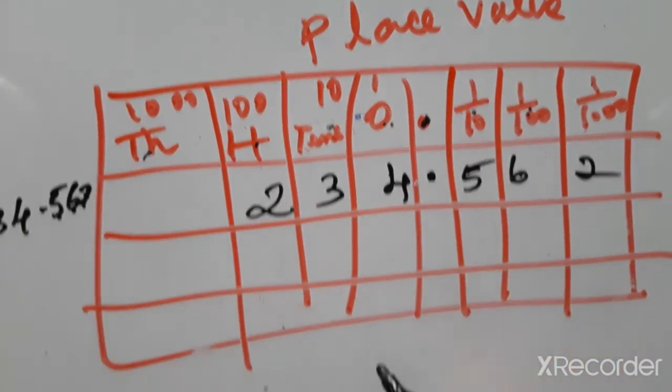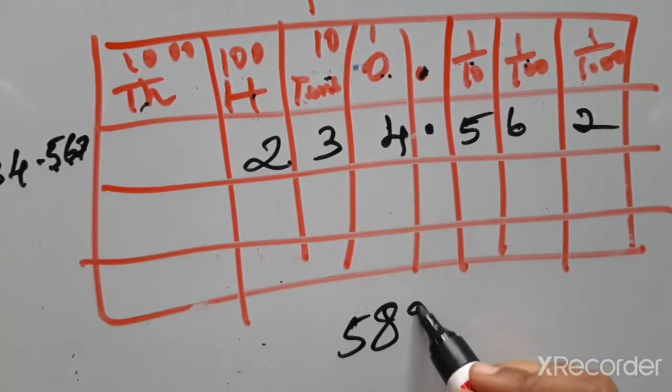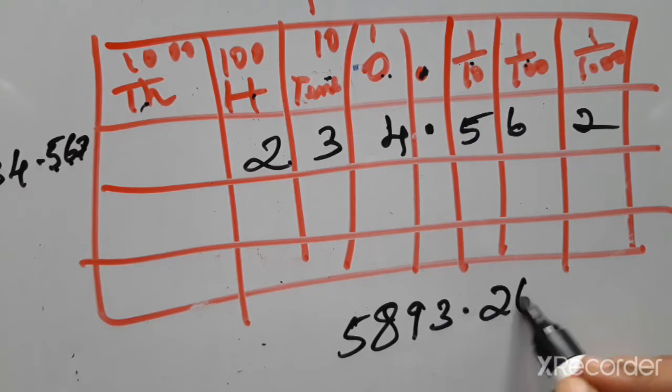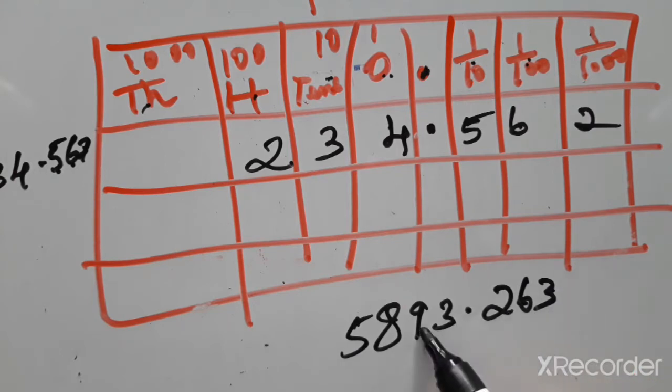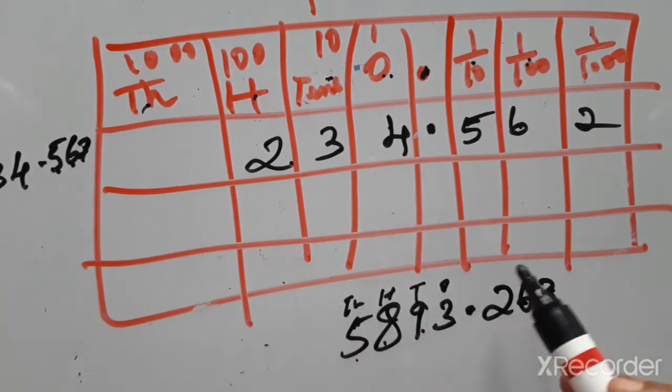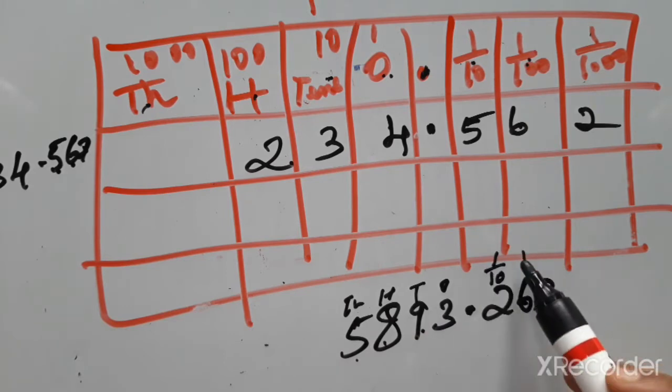One more example, 5893.263. So what is the place value of this number? Ones, tens, 100, 1000, 10,000, lakh? No, that is the wrong method. Before the decimal point, this is ones, tens, 100, 1000. And after it, tenths, hundredths, thousandths, it will go on.